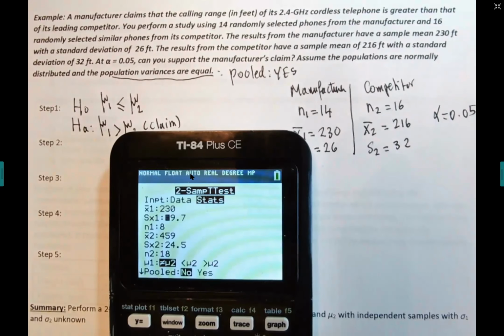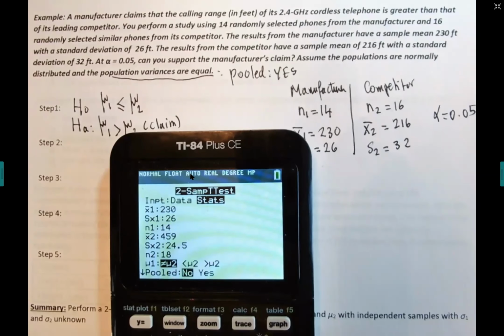S1 is 26. N1 is 16. Sorry, not 16. 14. X2 bar 216. S2 is 32 feet. N2 is 16. And we need to check that mu1 is greater than mu2.